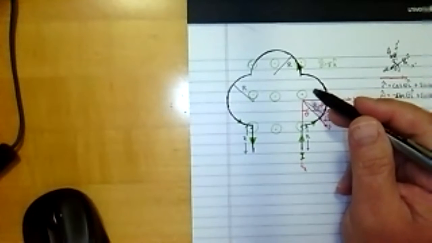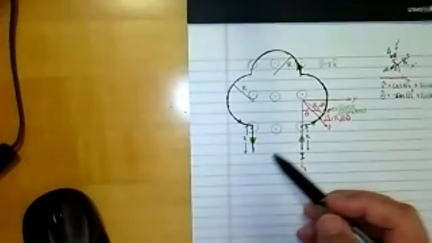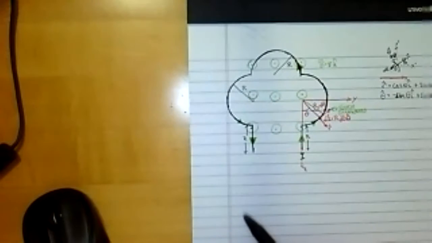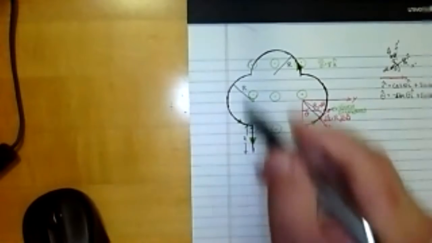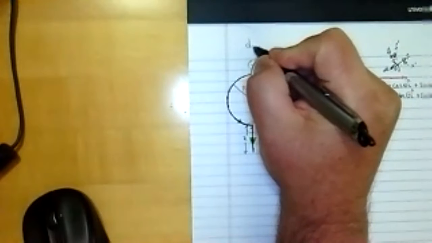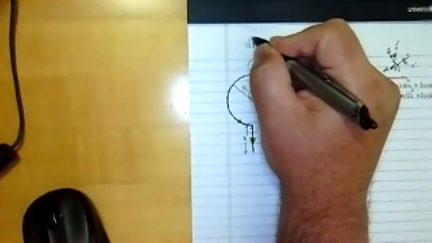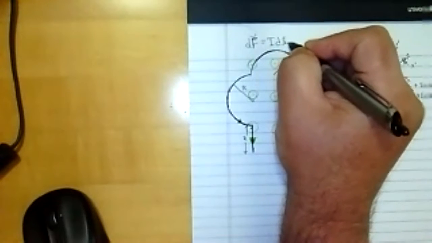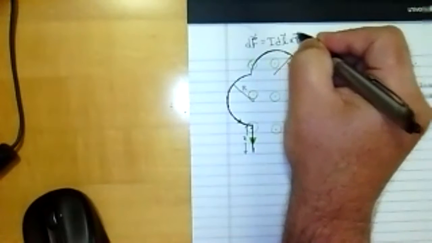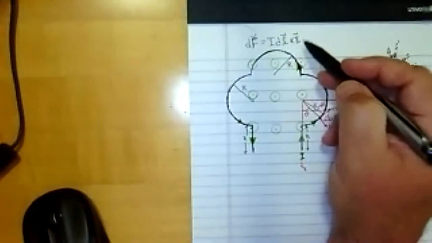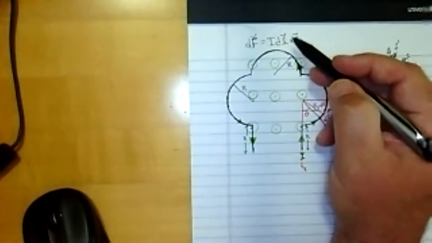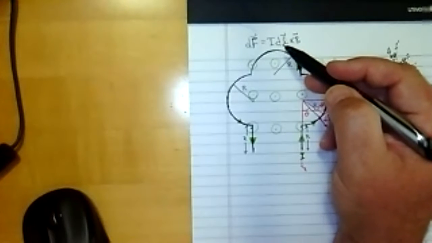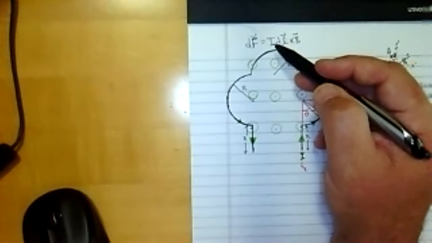So what we're going to do is try to find the net force on this wire, which is a straight wire, a semicircle, a semicircle, a semicircle, and a straight wire. To do that, we're going to use the expression dF, the differential force, is equal to I dL cross B. Again, the assumption is that B doesn't change very much over the size dL, and that dL, of course, is a line segment that points in the same direction that the current flows.